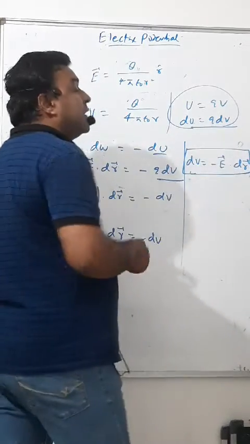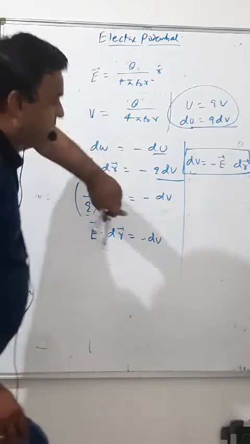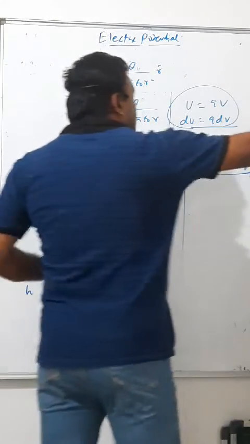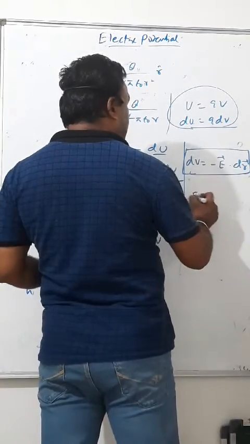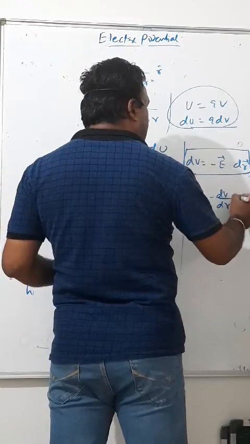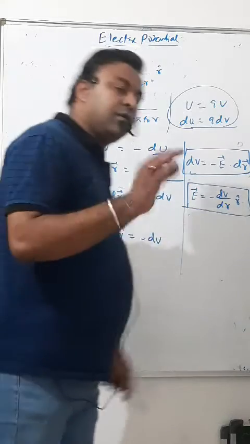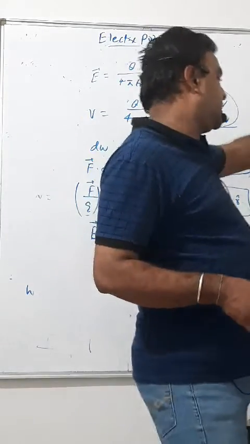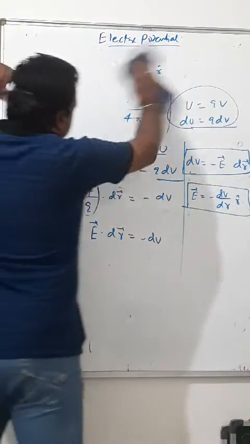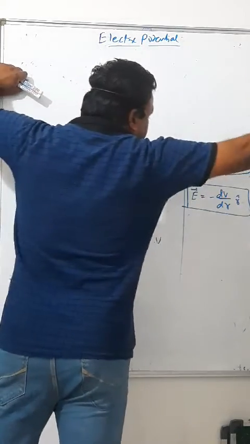This is the integral relation. We can have the differential form also. We can have E equal to minus of dV by dr. Now, if r is any point in space, r has x, y, z, all three components, right?